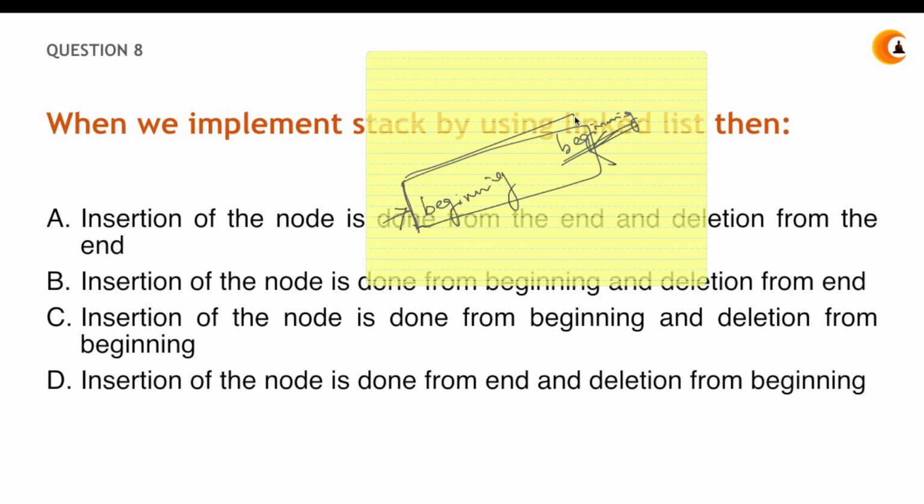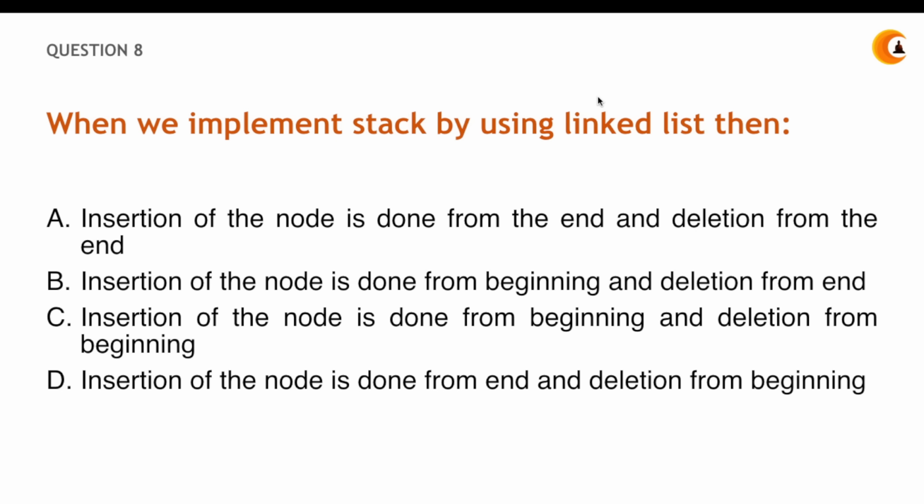But if you look actually, then this is the start and this is the end. So whenever you use a stack with a linked list, then the insertion and deletion will both happen from one same end, that is either from the end or from the beginning. So here A and C both are correct, but with more aptness I would say C is more apt.